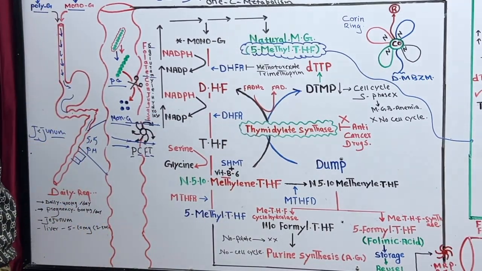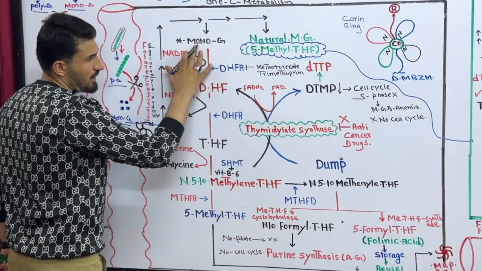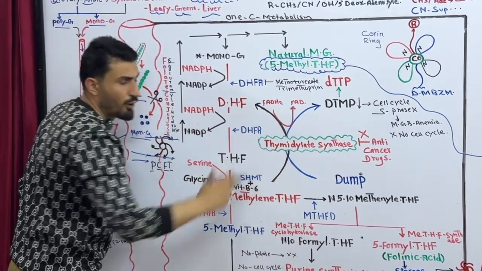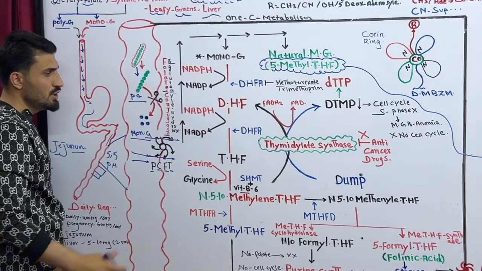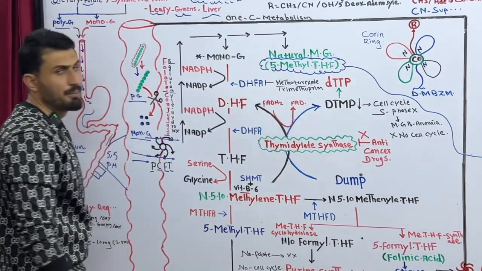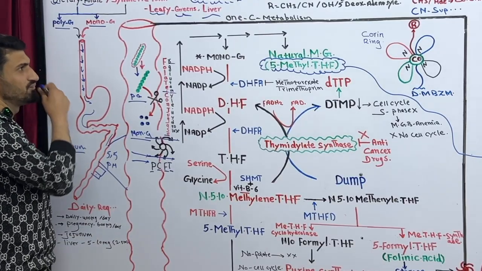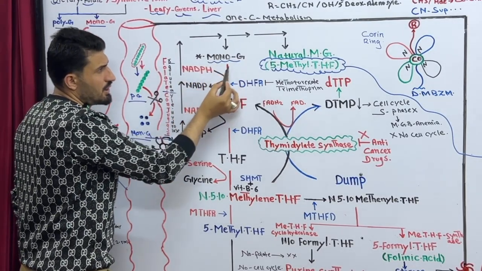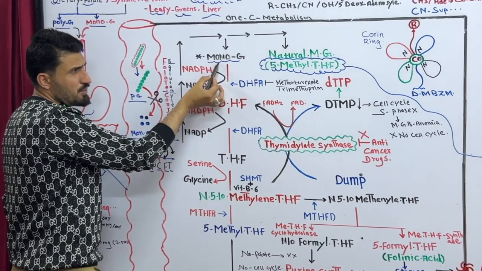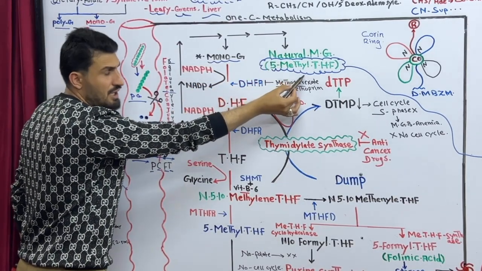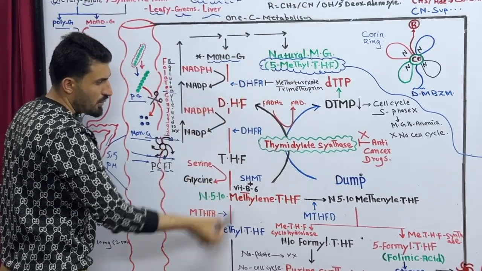Okay, so first let's convert this monoglutamate form of folate to different forms of folate, because we use different forms of folate for different purposes in our body. Got it? So now, when you want to change monoglutamate to 5-methyl tetrahydrofolate, you will go through these steps.